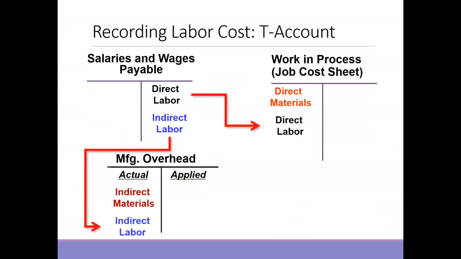Then we have labor. The labor is going to be assigned to a specific job or to manufacturing overhead also. The direct labor that is assigned to a specific job goes into that work in process. That which is indirect labor is going to go into manufacturing overhead also. Okay?